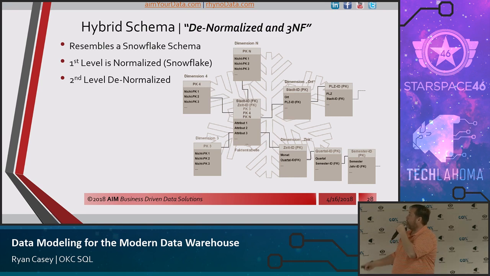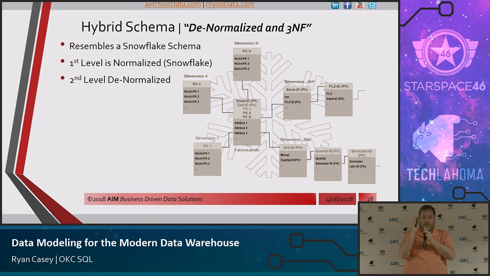So I'm just talking about here, you can also do a partially normalized third normal form, and that's a hybrid. What I'm saying there is, remember, a dimension has many attributes. So if almost all of your attributes are in the dimension, but you move one of them out into a snowflake, that's a hybrid. You've got a snowflake, but it's only on one attribute.